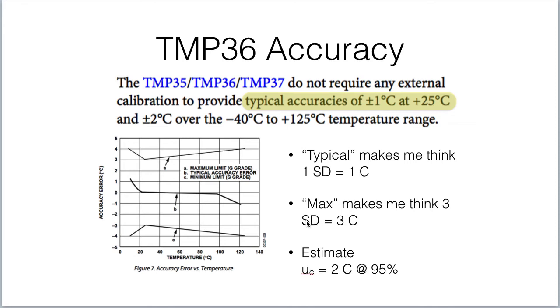So 3 standard deviations would be 3 degrees Celsius. So my estimate for the TMP36 instrument accuracy based on the data sheet is going to be about 2 degrees C at 95%. And this is largely a judgment call because they haven't really given me enough information here to tell me what the 95% uncertainty is. So I'm estimating here.